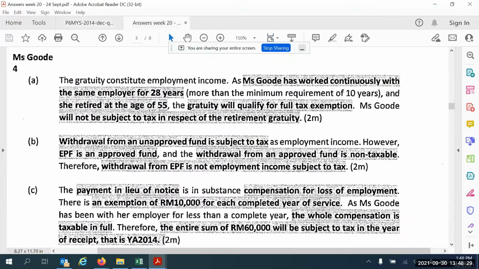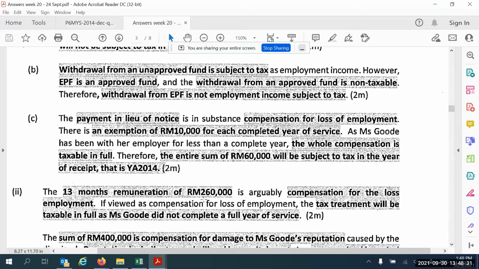What it means is that this 13 months remuneration is arguably compensation, because they didn't tell her properly. It is also considered like payment in lieu of notice.